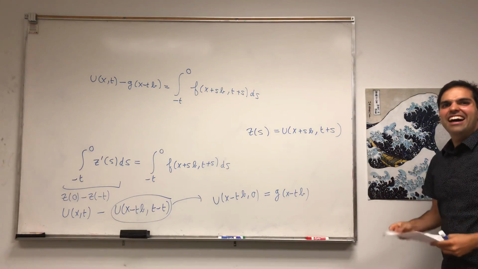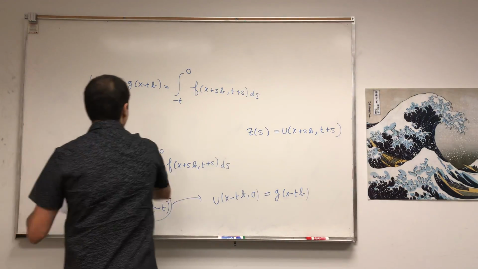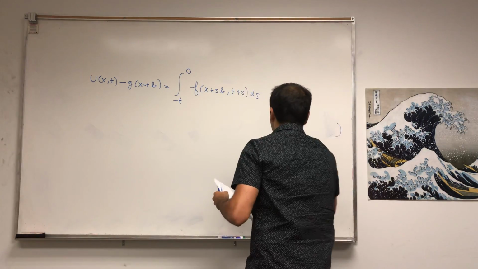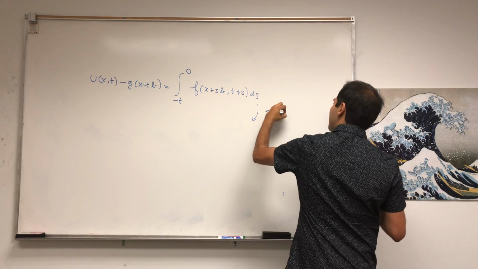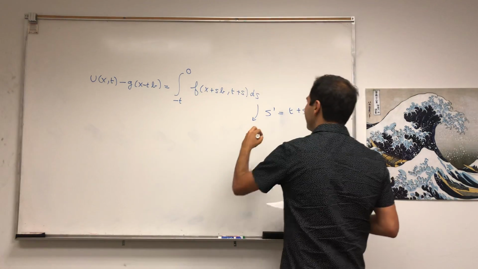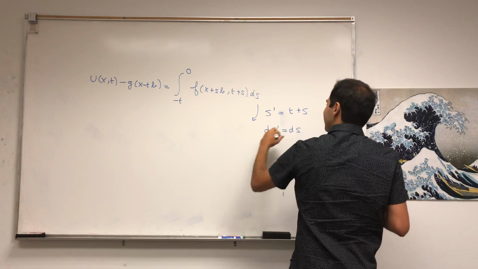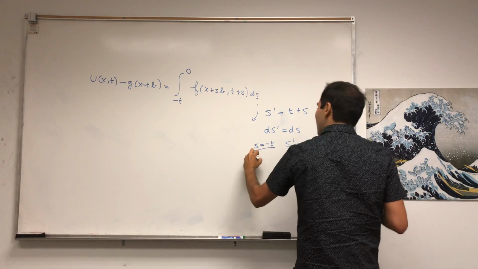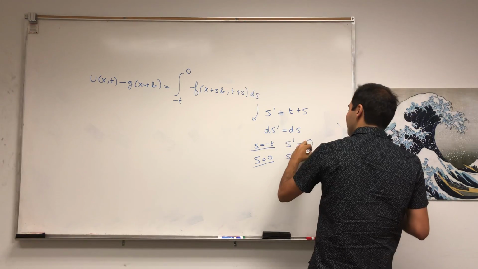You can leave it as that, but it's a little bit ugly. It might be better to use a little change of variables just to get it back from 0 to t. And well, the change of variables, if you want, is that s prime is t plus s. Then ds prime is ds. And moreover, at s equals minus t, s prime is 0, and at s equals 0, s prime is t.